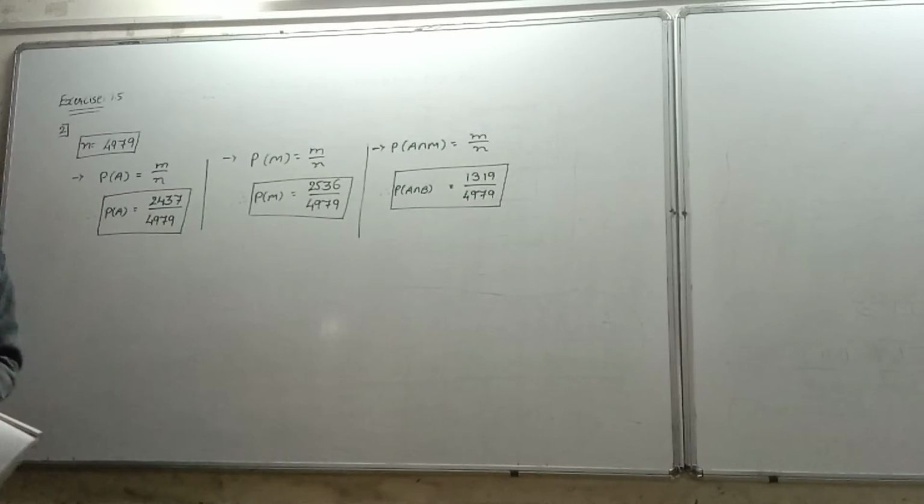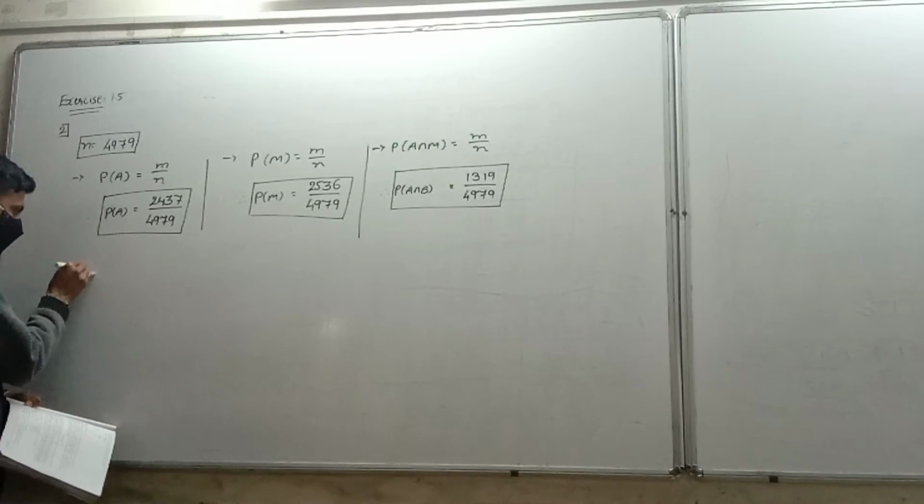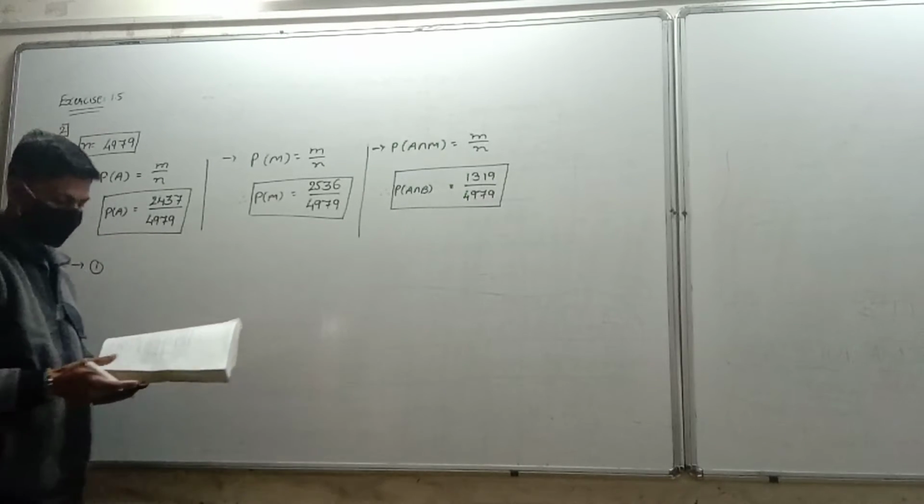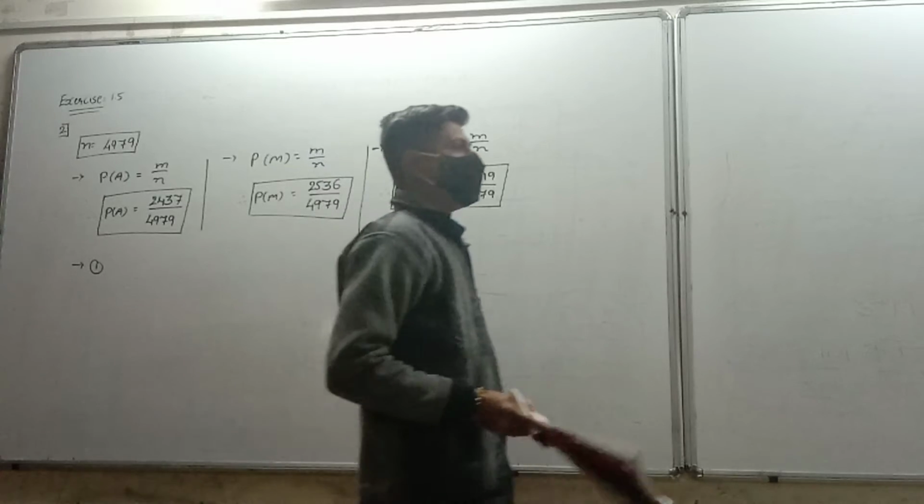Now next, new line, write down for question 1. Okay, party A depending on male.